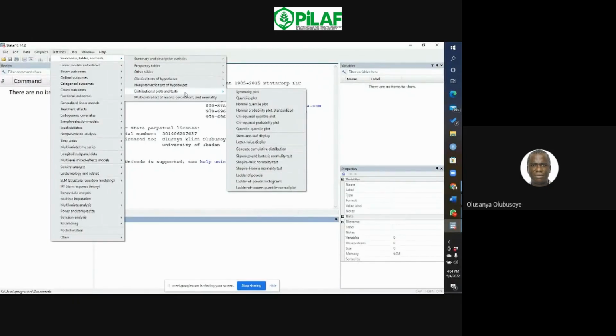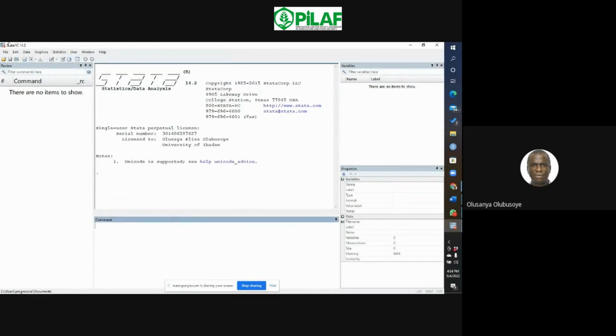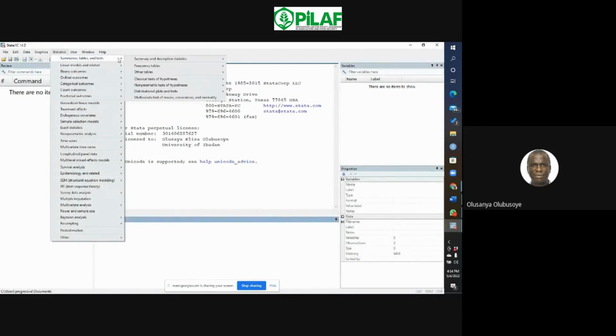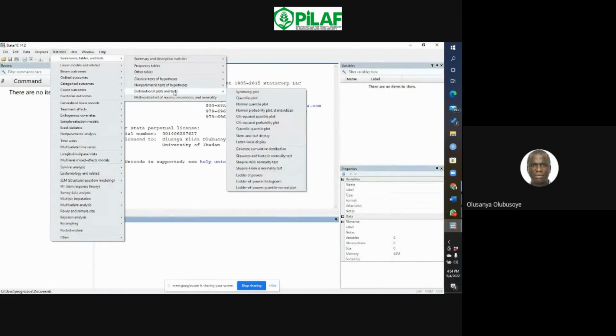Under the distributional plots and tests, if you move down, below the non-parametric, you will see the skewness and kurtosis normality test, the Shapiro-Wilk normality test, and the Shapiro-Francia normality test. So here you can conduct them.